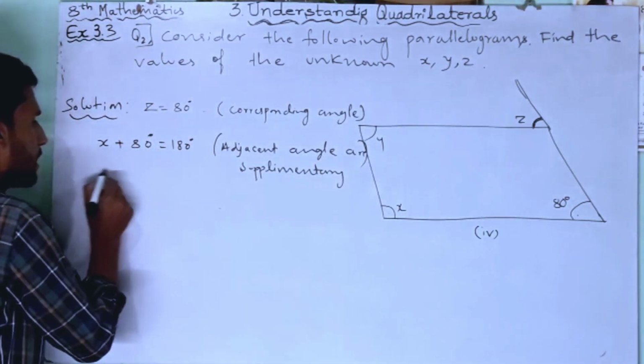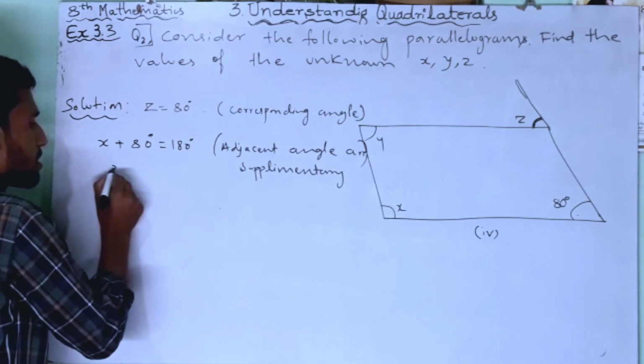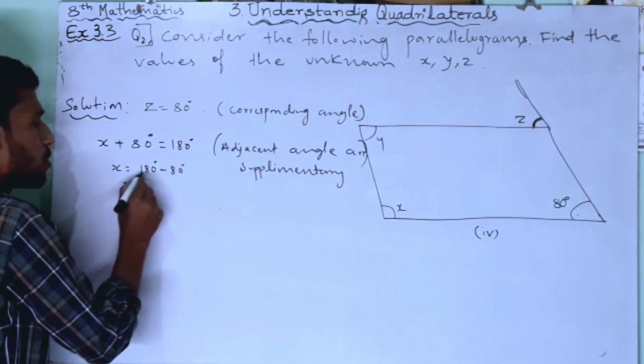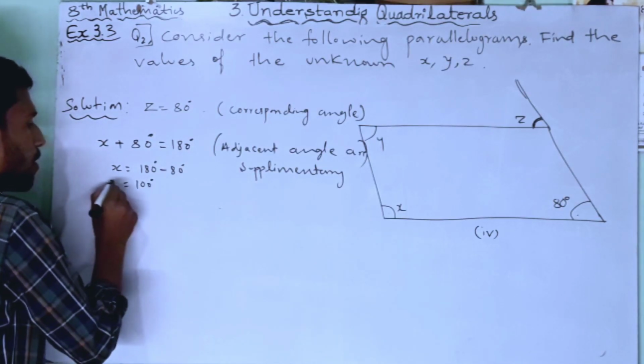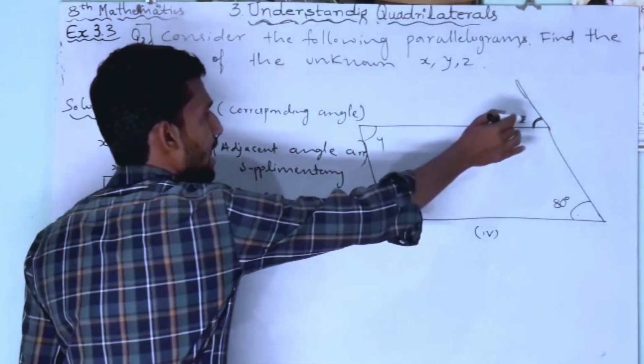When we transpose 80 from LHS to RHS, it becomes 180 degrees minus 80 degrees. When you do the subtraction, you get X is 100 degrees. This is the 100 degrees. This is the 80 degrees.